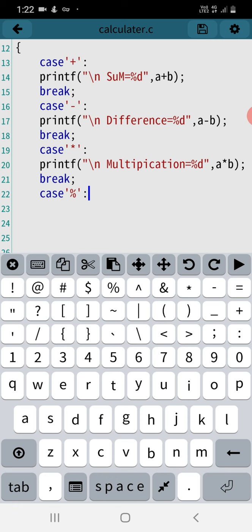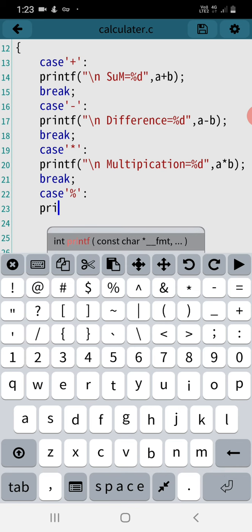If this arithmetic operator is used, then in C language we will get the output as the value of the remainder.